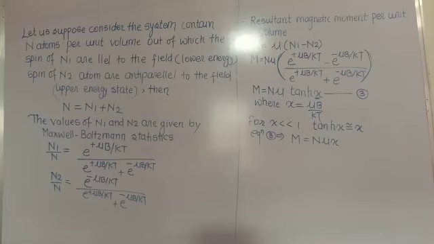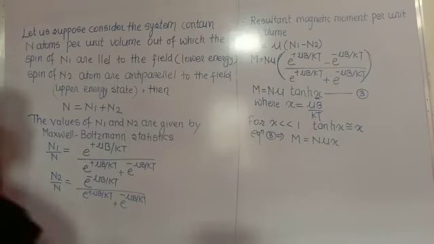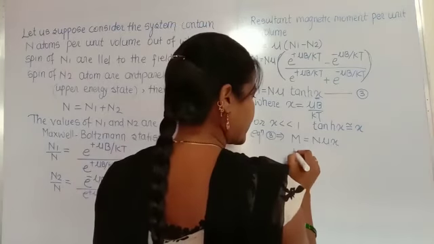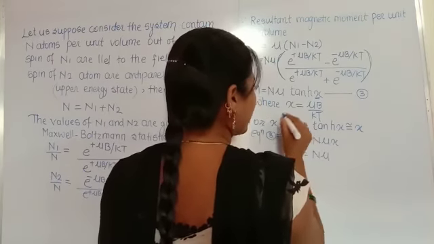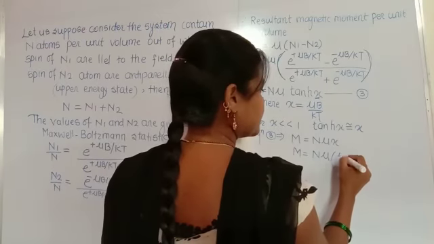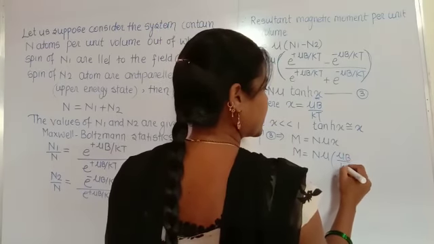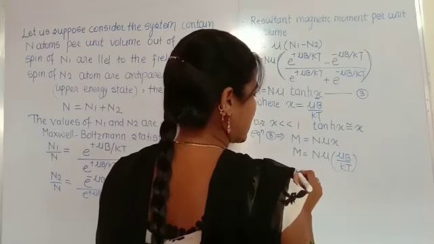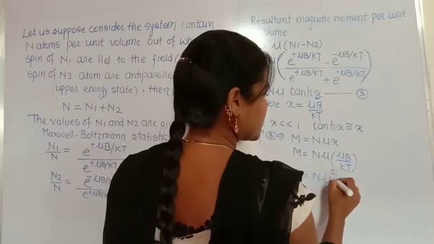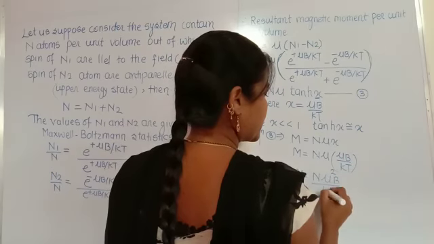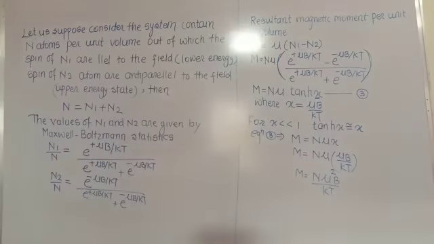After putting the value of x, M is equal to n mu times mu_B B by kT. So after solving, M is equal to n mu squared B by kT. So this is the value of M.